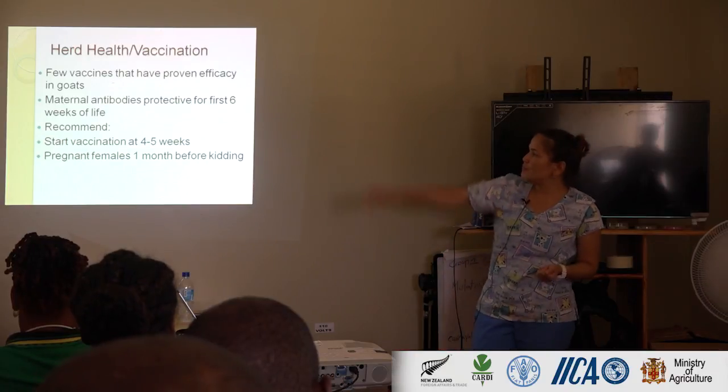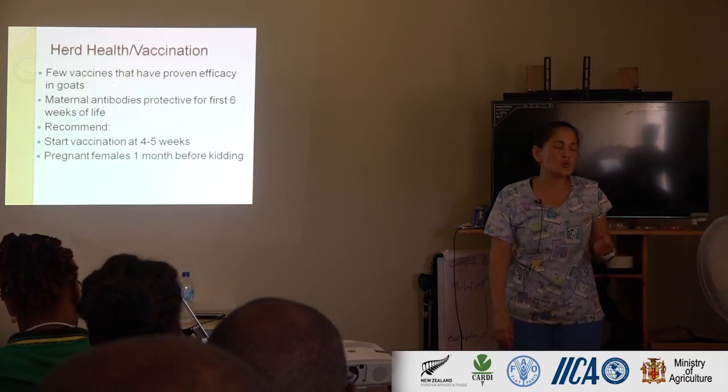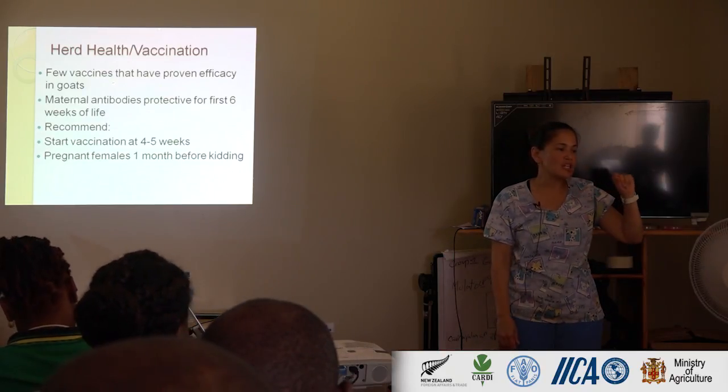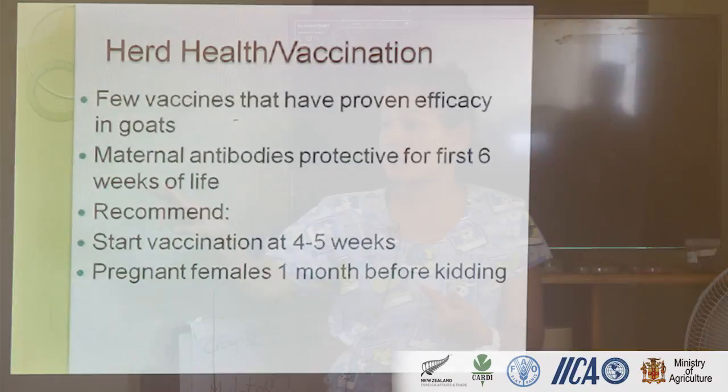So what I do is I do two steps. I actually vaccinate my mothers 1 month before they're going to kid or lamb. Why? If I vaccinate 1 month before they kid or lamb, the colostral immunity will protect the kids or the lambs at least for the first 2 months.